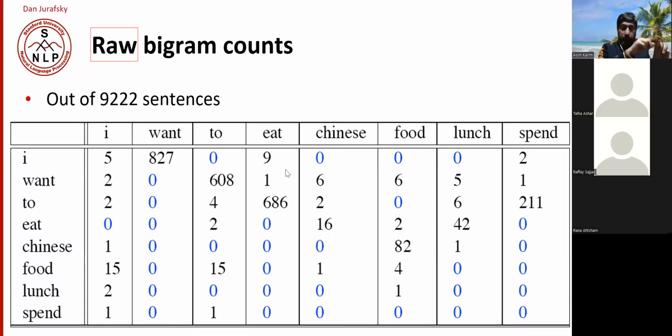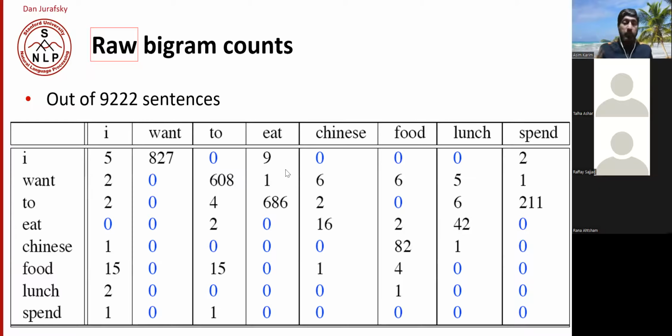If you sum up the entire row of "eat," this would be the sum of all the times that "eat" occurs in the corpus. Similarly, if you sum up all the counts in a column, that should be the same if you have computed the full matrix.